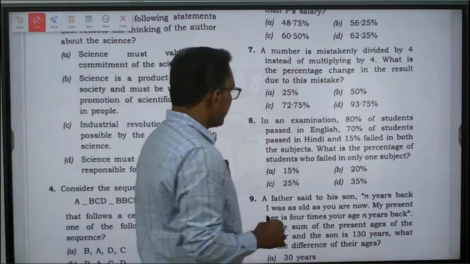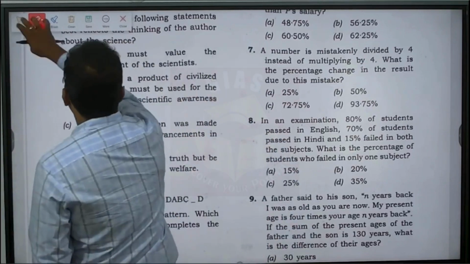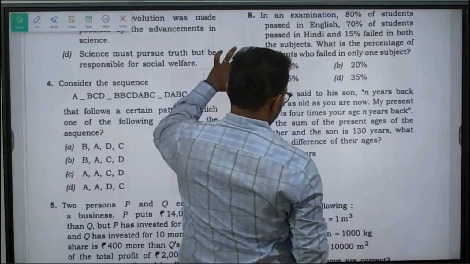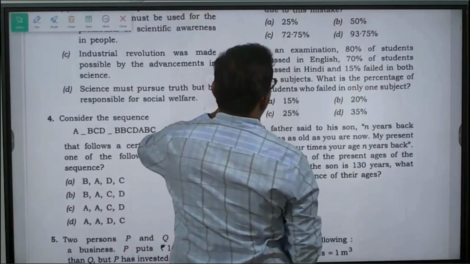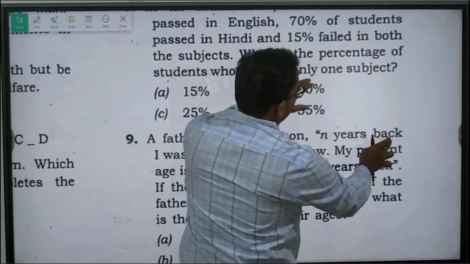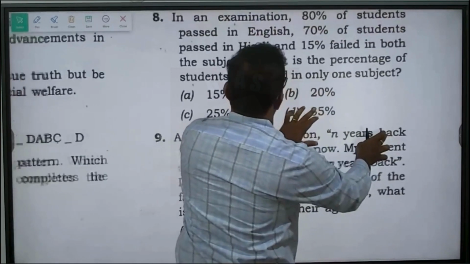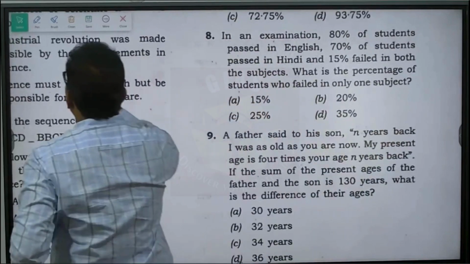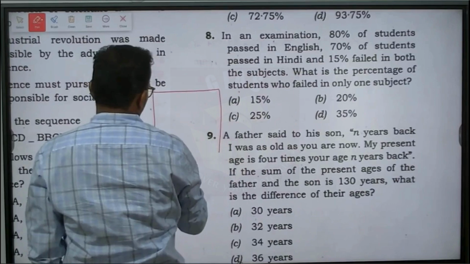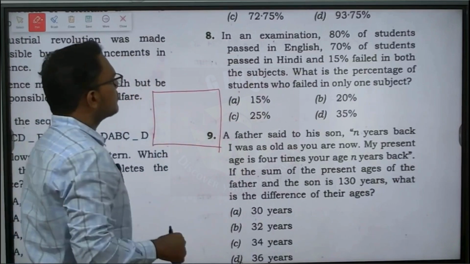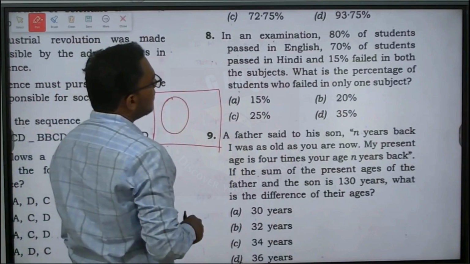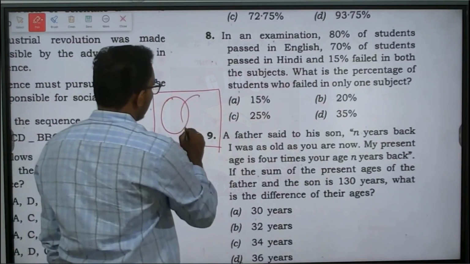Okay, so this can be explained with the help of a Venn diagram. 80% of the students passed in English, let this be English, and 70% of the students passed in Hindi, so let this be Hindi.